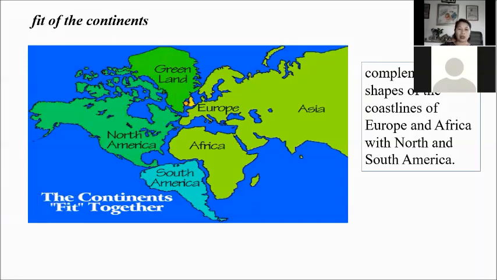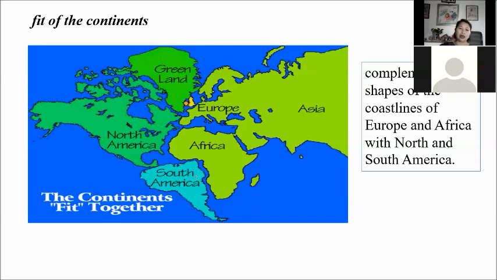Okay. Ito yung Europe and Africa. Complementary shapes with North and South America. So Europe, Africa, North and South America. So when you look at the map, no? Okay, it is like a puzzle, no?